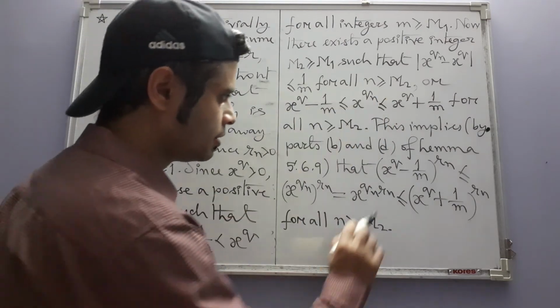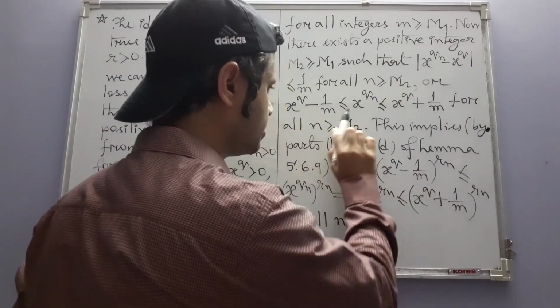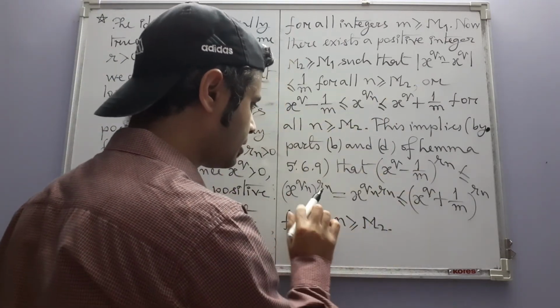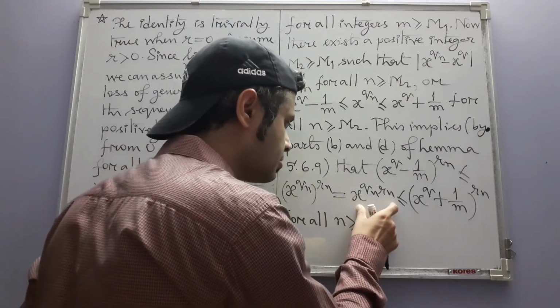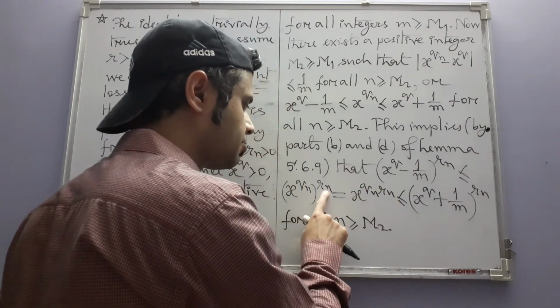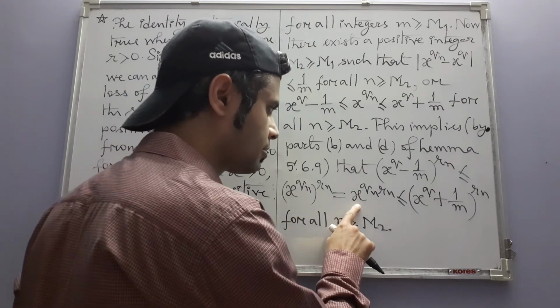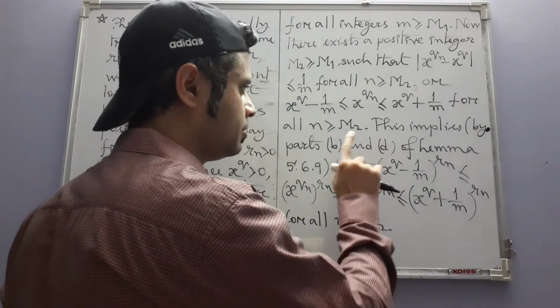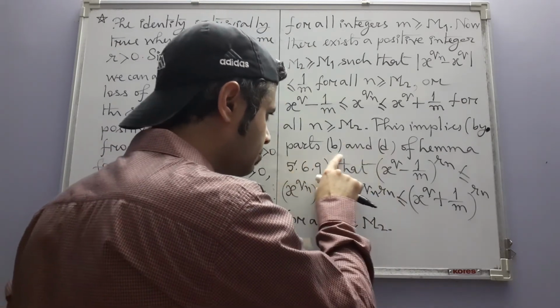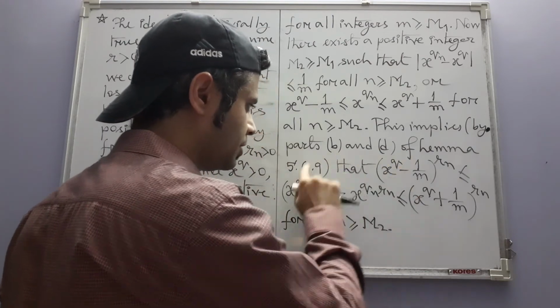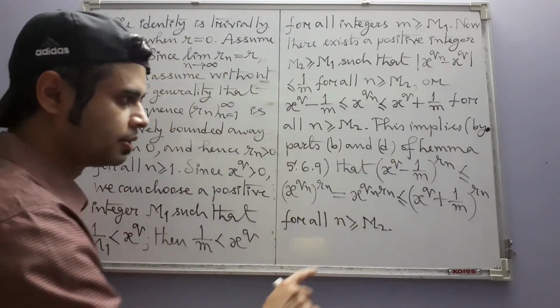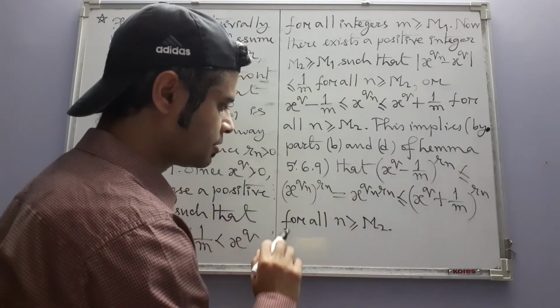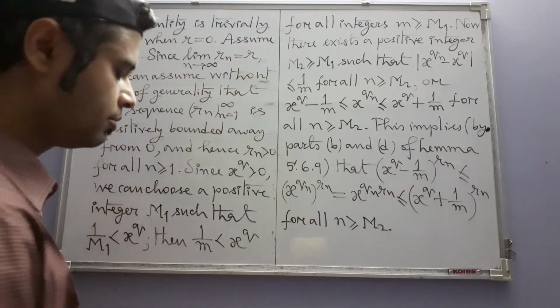So this to the power rn is less than or equal to this to the power rn, and this is equal to this, because the exponents are rational numbers and x is a positive real number. So here we are using part B of this lemma in this step, and that again is less than or equal to this for all n greater than or equal to m2.